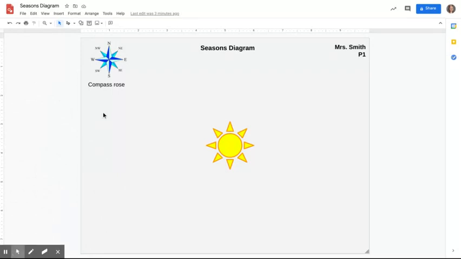After you've done that, the center of our solar system is the sun. So you need to draw a sun in the center of your page. Once your sun is finished, we are going to draw the earth.